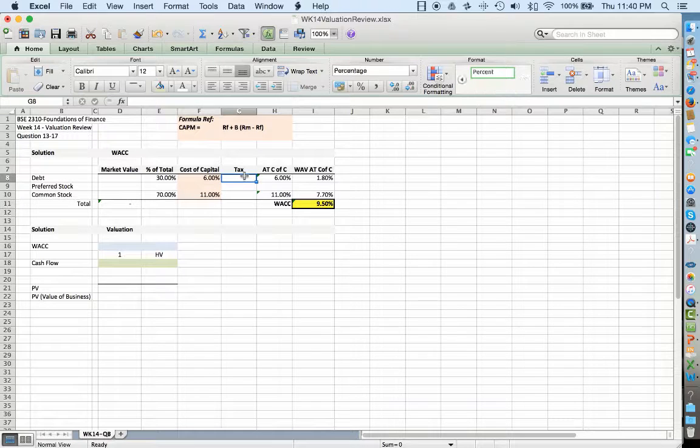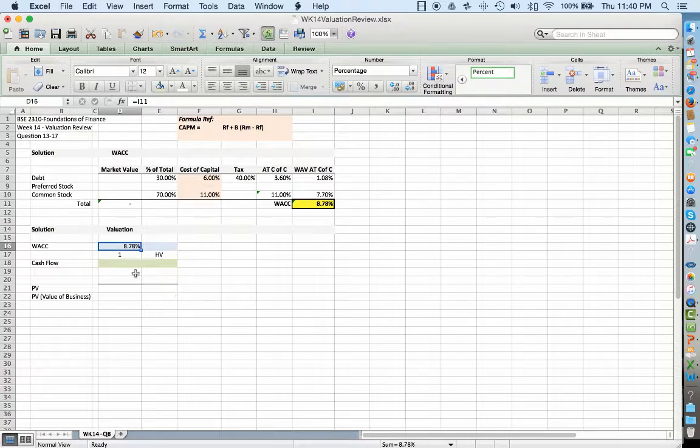The tax rate is 40%, and this means that the company's weighted average cost of capital should be 8.78%. So I'm going to put that into my valuation table, and I'm going to extend out my decimal places because I like to know that it's 8.78.